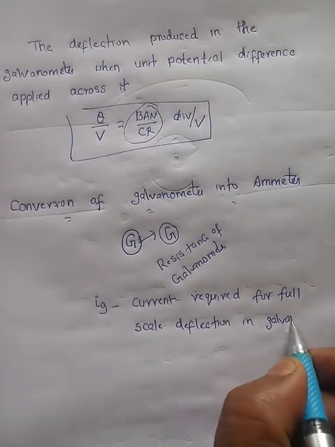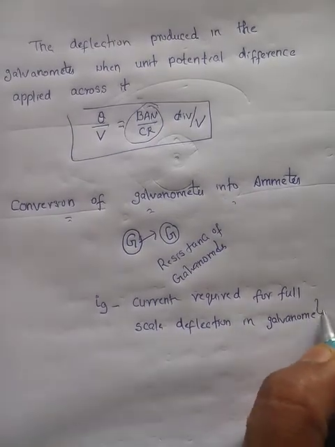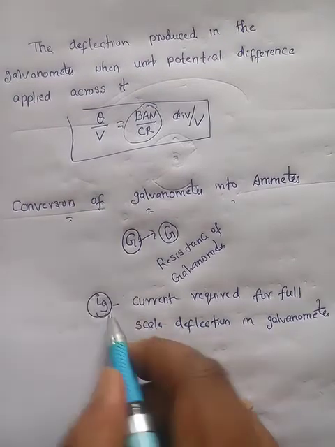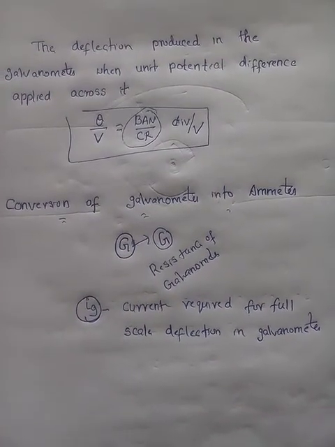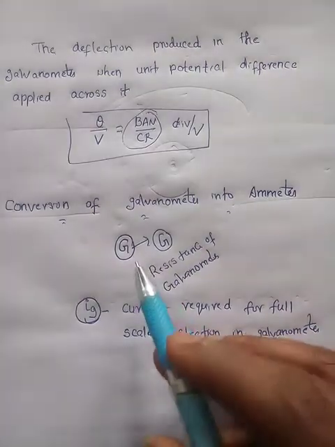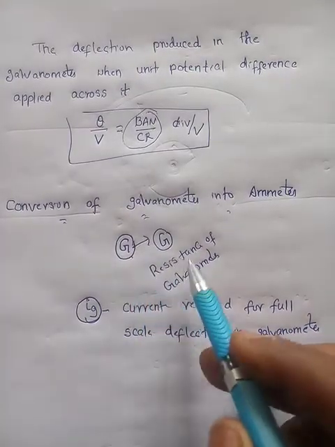So the maximum current that can be measured by a galvanometer is Ig, and this galvanometer has a resistance G.